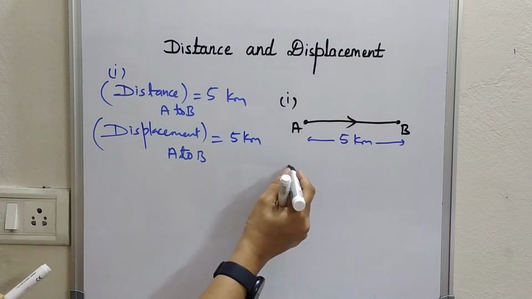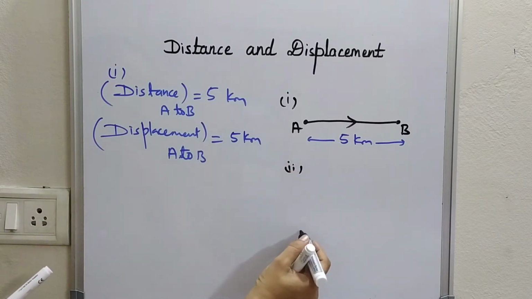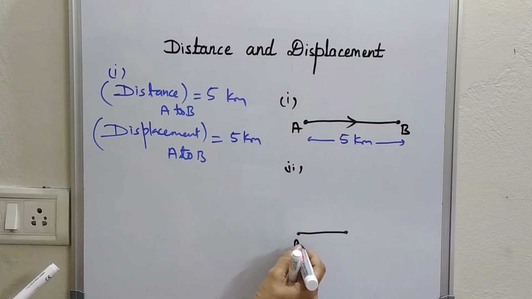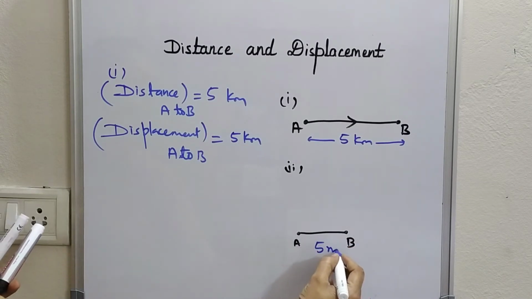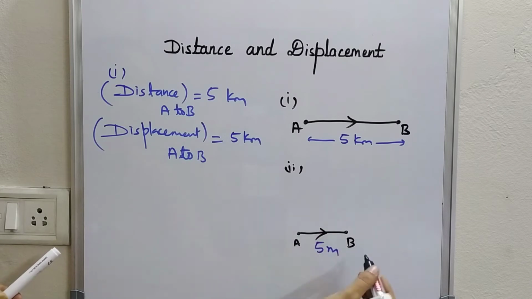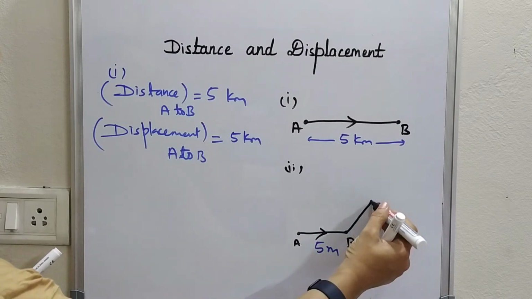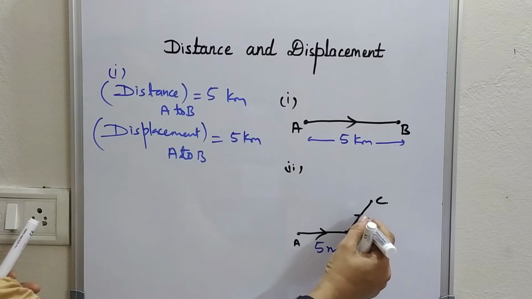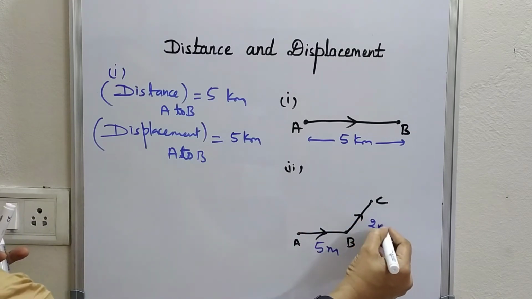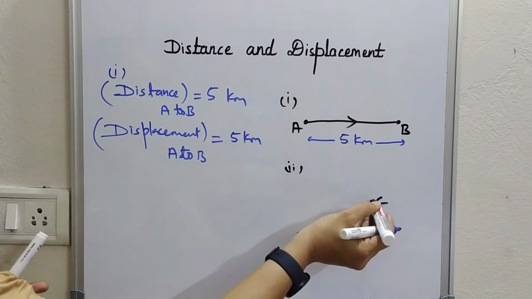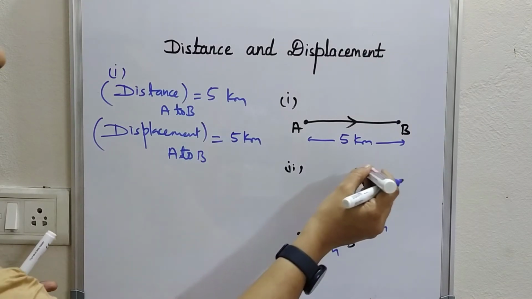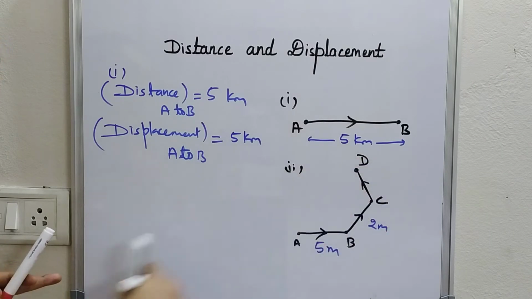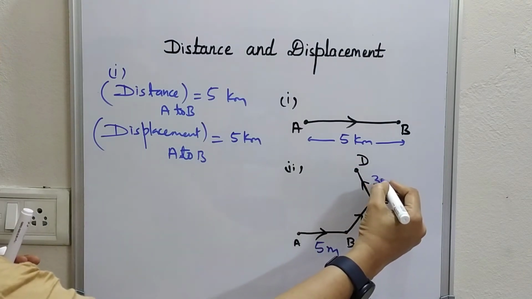Let us consider a body traveling from location A to location B, a distance of say 5 meters. Then the body travels from B to C, a distance of say 2 meters, and then from C to a point D, another distance of say 3 meters.